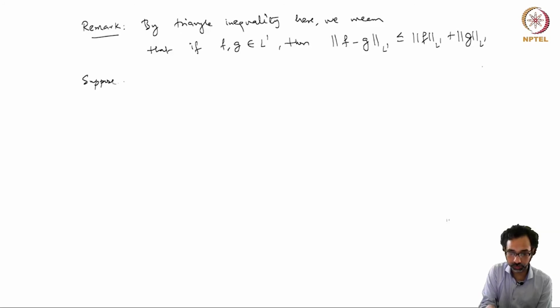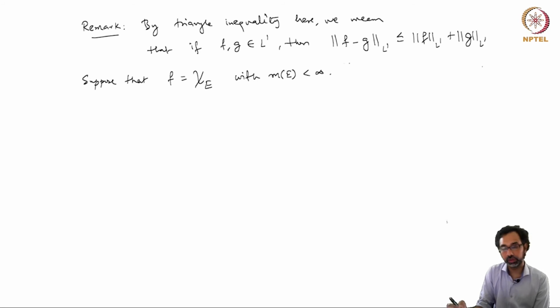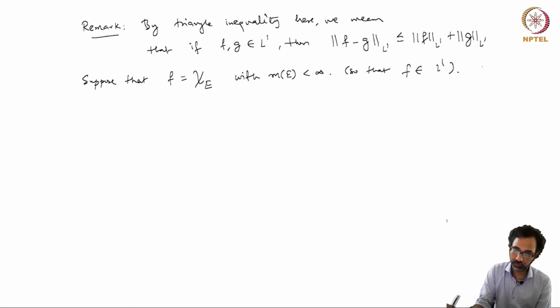So suppose that f is chi E with the measure of E being finite, so that f is in L1. This is a special case of a simple function, just an indicator function of a set with finite measure.